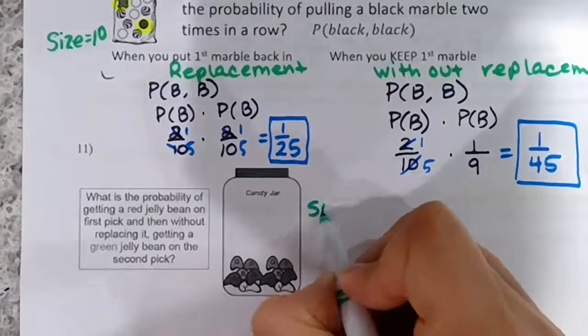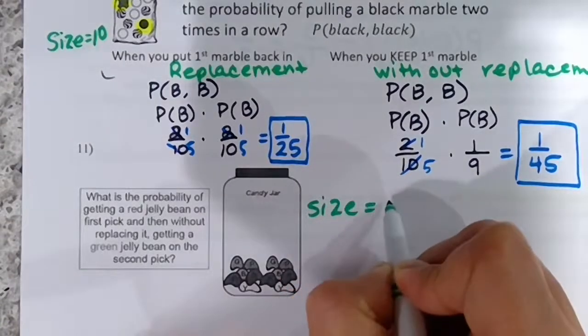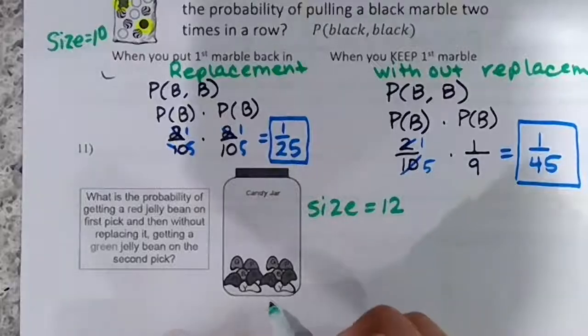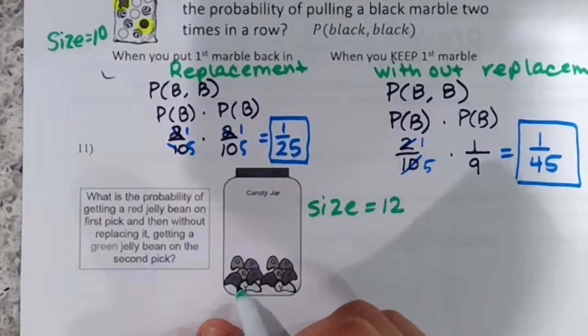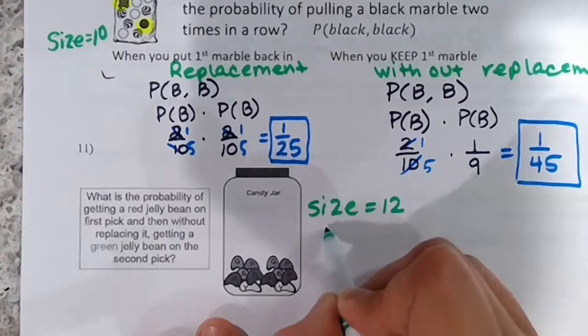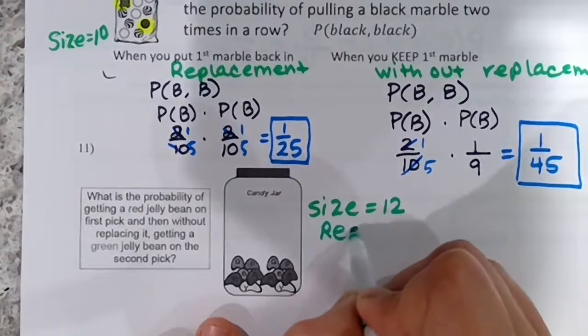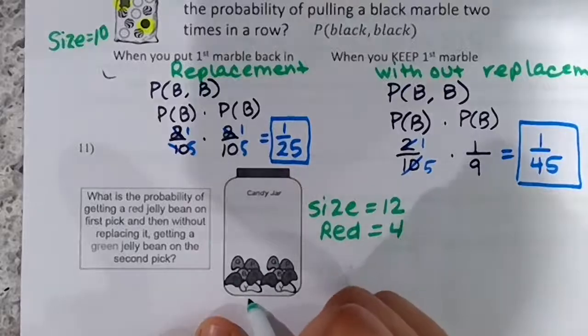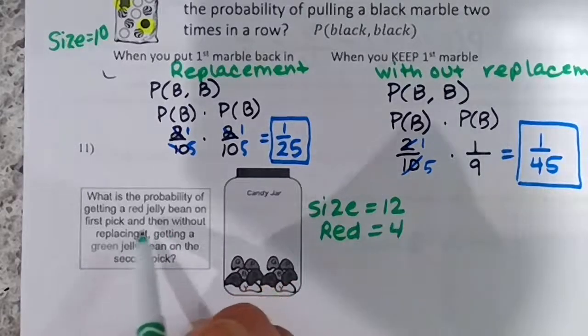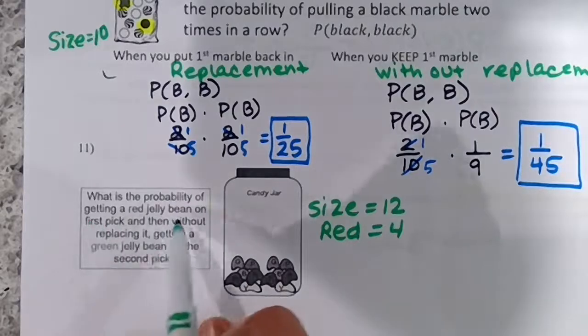Okay, so our sample size is 12. There are 4 reds. Those are those dark ones, hard to see. We're worried about the red and then the green.